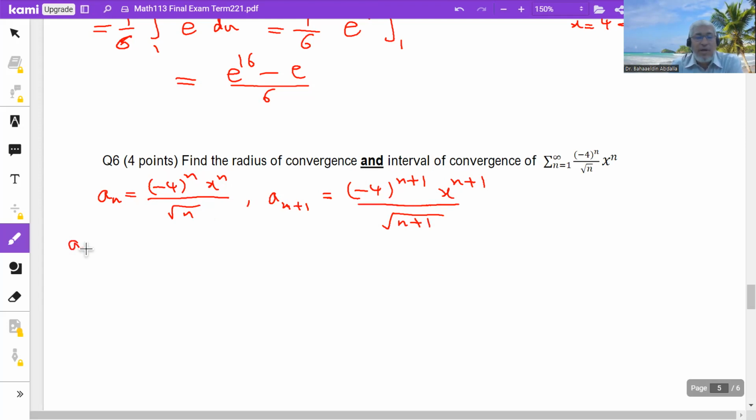And now I find a_{n+1} over a_n. So it's (-4)^(n+1) times the reciprocal of a_n.